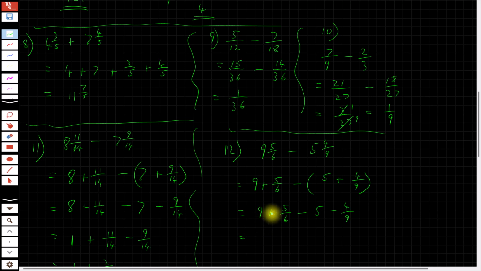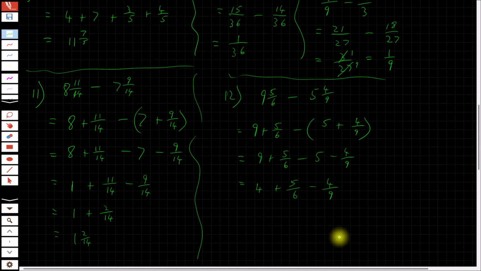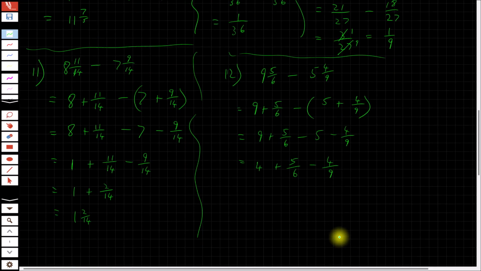We'll do the whole numbers first. 9 take away 5 is 4, plus 5 over 6, take away 4 over 9. Now, fractional part, the denominators are different, so we need to make the denominators the same to subtract those fractions.